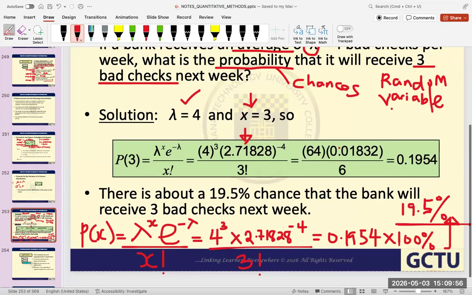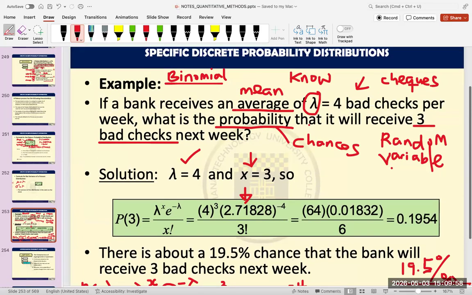So meaning that our chances we want to measure here, that what is the probability that the bank will receive 3 bad checks next week? Our chance is 19.5%, which is a low chance or probability.